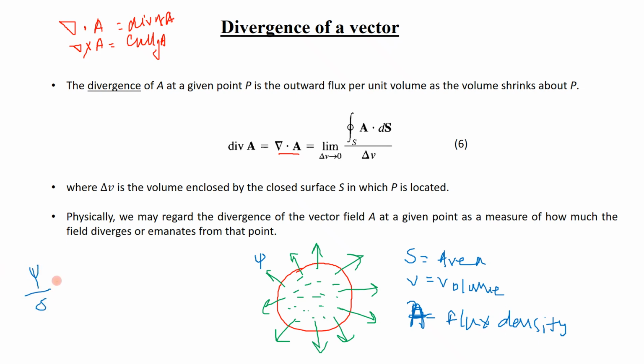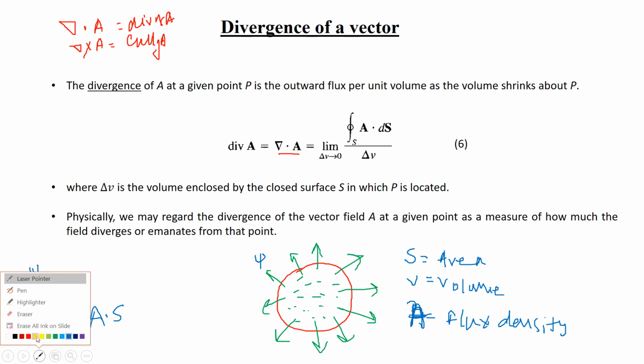Flux density is the amount of flux per unit area, in Weber per meter square, that is Tesla. Multiplying by meter square gives Weber. So the total flux is the flux density times the area.